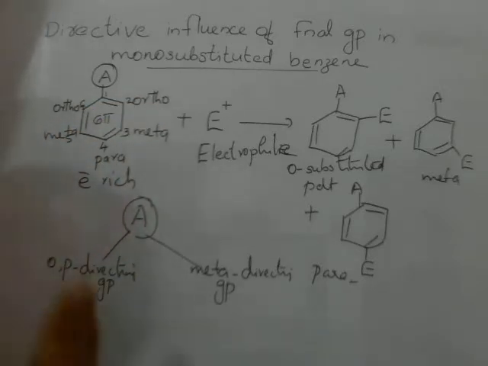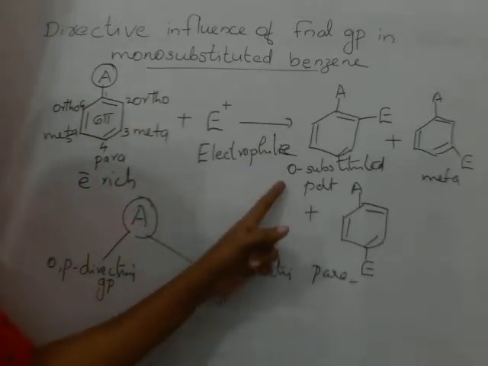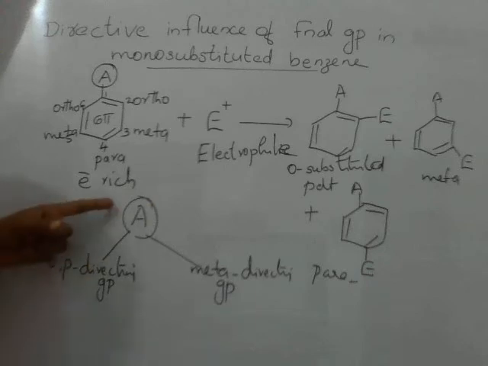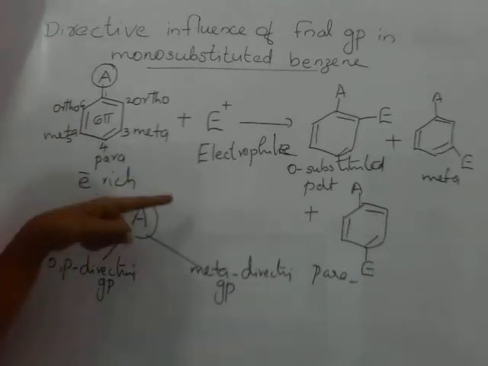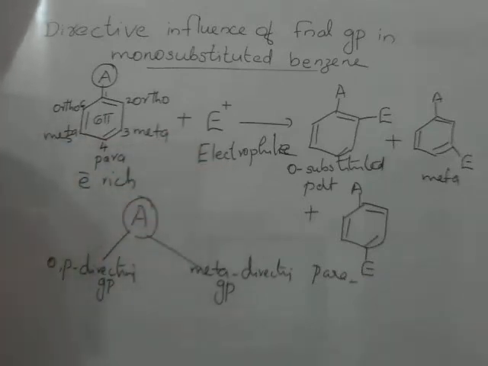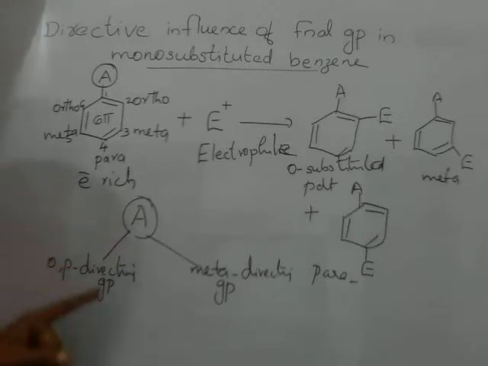That means we get two products, ortho substituted product and para substituted product. There are some groups which direct the incoming group towards ortho and para positions, and we get a mixture of ortho product and para product. Such groups are called ortho-para directing groups.